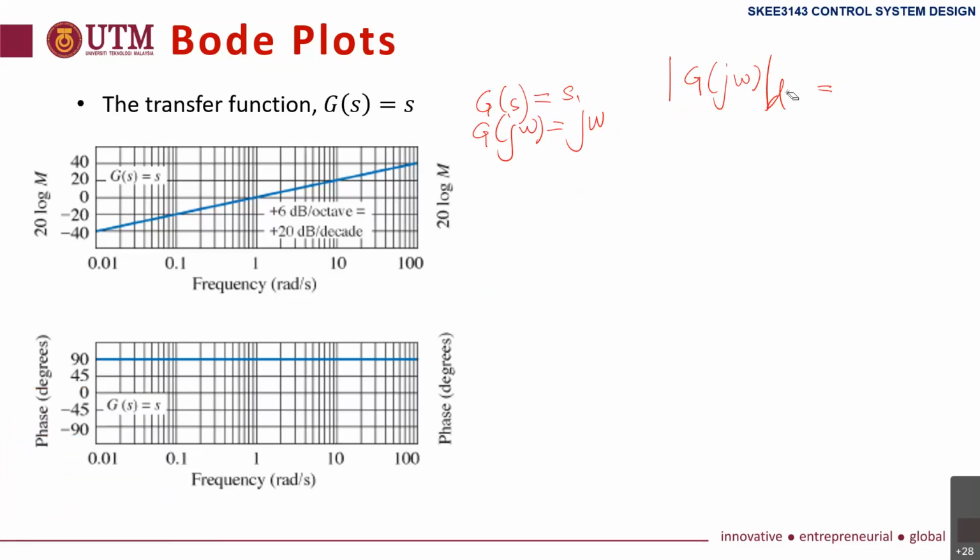The magnitude of j omega is omega. In dB, it is 20 log omega.